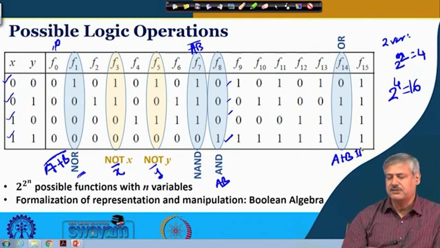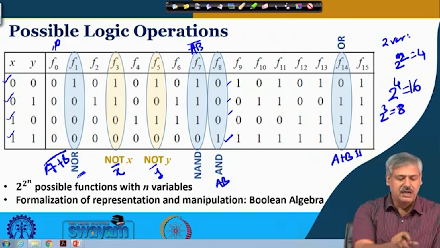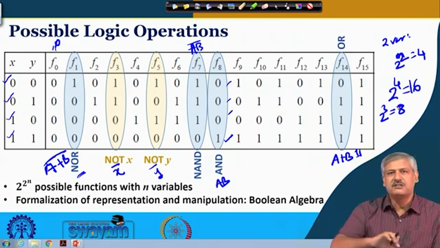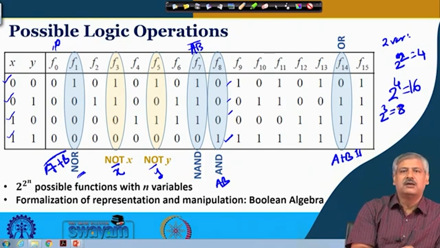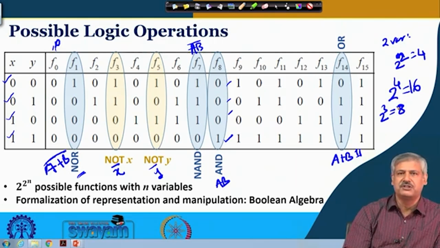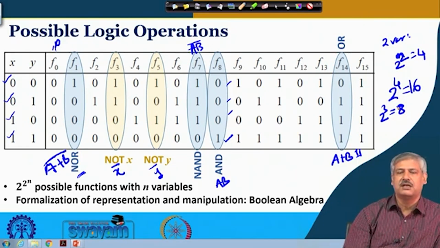If there are 3 variables, how many rows will be there in the truth table? 2 to the power 3, there will be 8 rows, right, and with 8 rows how many possible functions are there? For one such combination, say a function is 0, all the outputs are 0. In another case, only one output is 1, and the rest are 0.